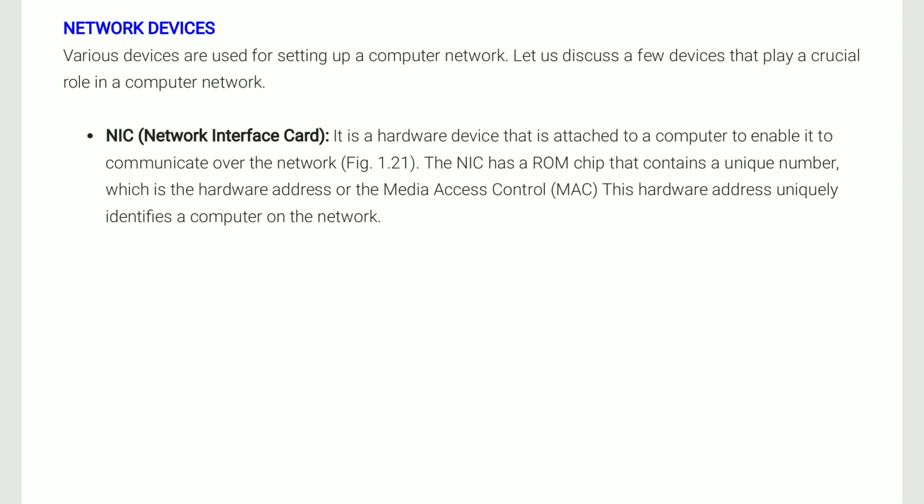Now, today I am going to explain you all about the next point that you can see on the screen, that is network devices. What are network devices? Whenever we connect two or more computers with each other for sharing information or communication, we create a network, and this network is created with the help of different networking devices.